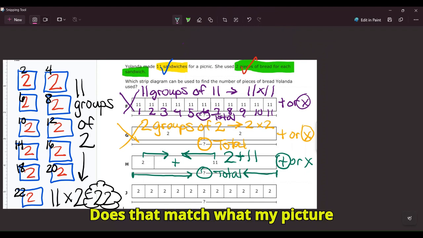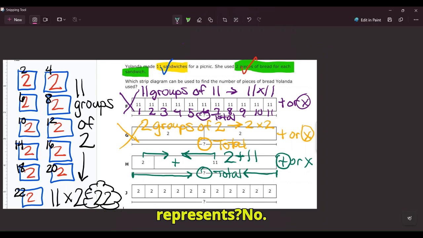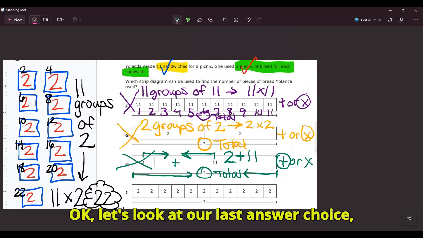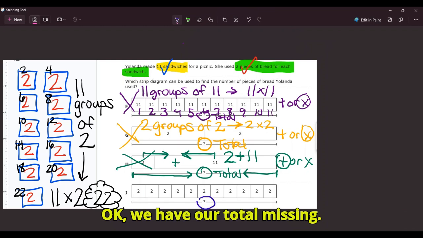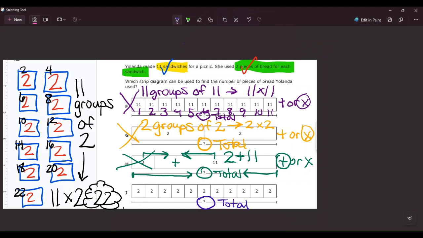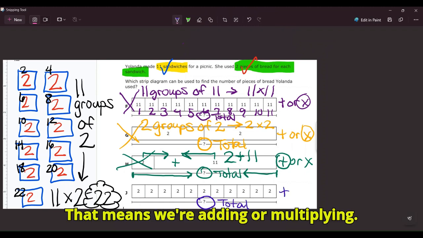Does that match what my picture represents? No. Okay, let's look at our last answer choice, which is answer choice J. Okay, we have our total missing. That means we are adding or multiplying.